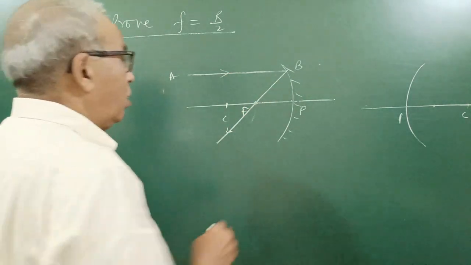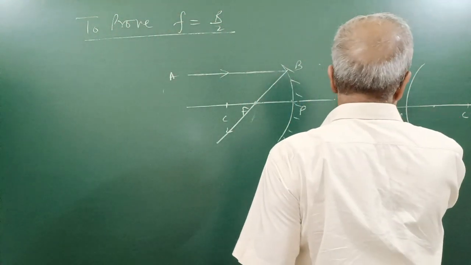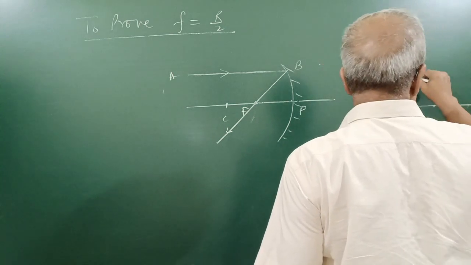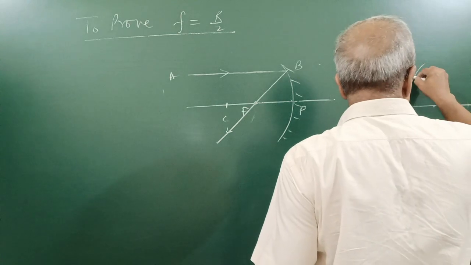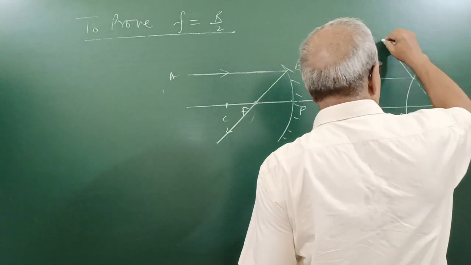Mark the arrow certainly. Similarly here, parallel ray AB, after reflection it will appear to diverge from focus. So first join it like this and then produce it backward.